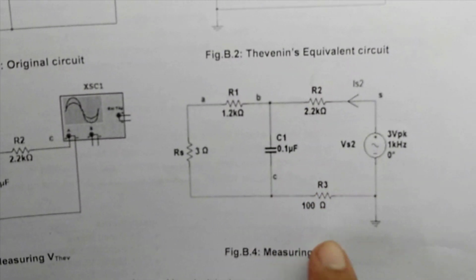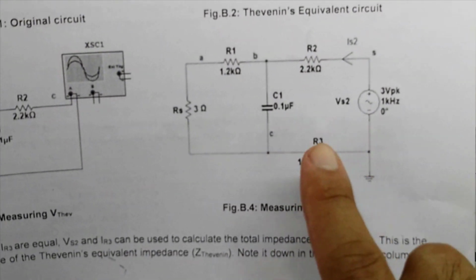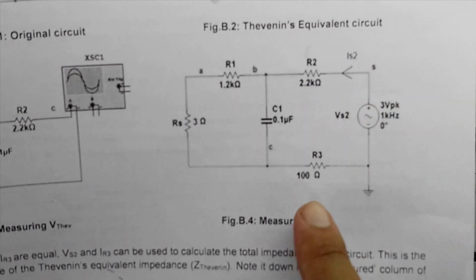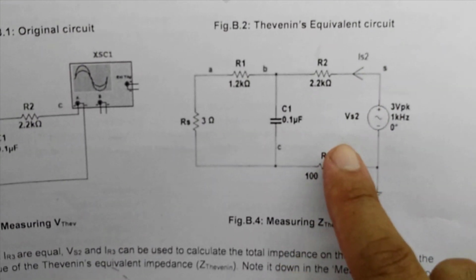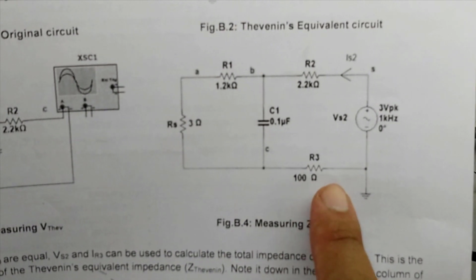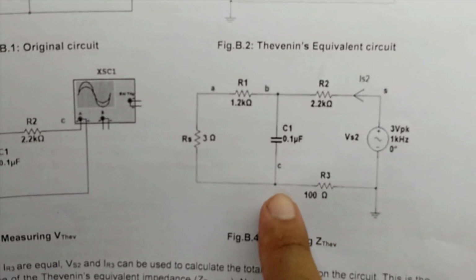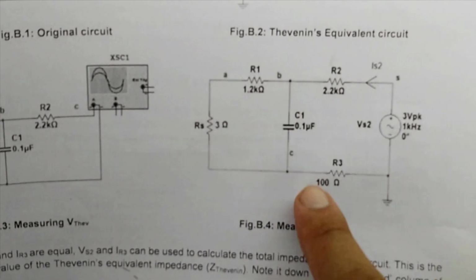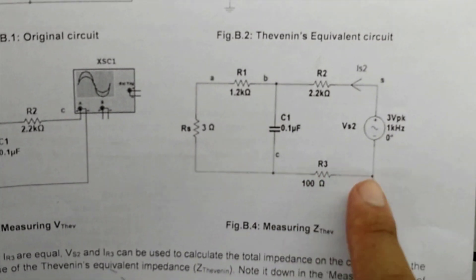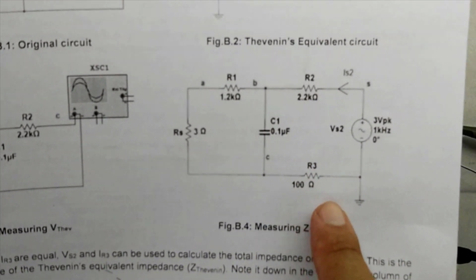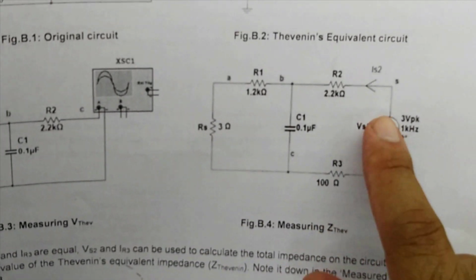We'll use this sense resistor to calculate the current IS2 that is supplied by the source. So we'll attach this channel 2 of our oscilloscope to this node C, so that we can calculate the voltage drop of this resistance and then calculate the current IS2.